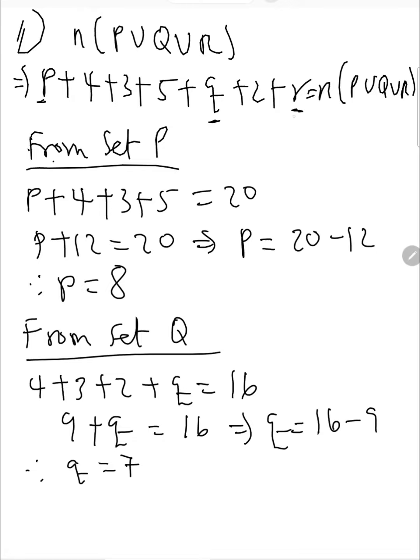Then to find R, we use the same approach. So from the set R, when we sum all the elements, 5 plus 3 plus 2 plus R should give us 21. Okay.